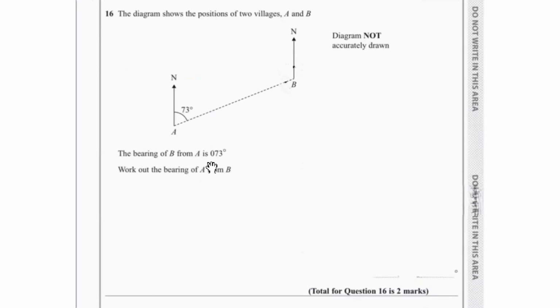And the diagram shows the positions of two villages A and B. The bearing of B from A is 73 degrees. Work out the bearing of A from B. So this is the bearing we're trying to find. What you need to know is that both the north lines are parallel to each other. And when two lines are parallel, alternate angles are equal, which means this is the same as this.